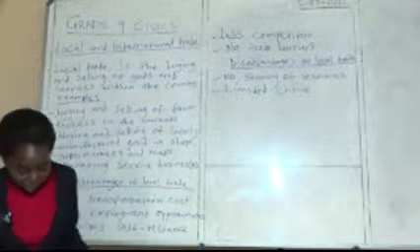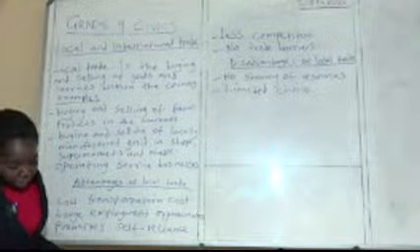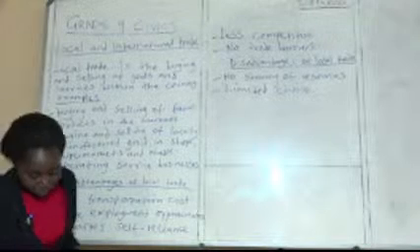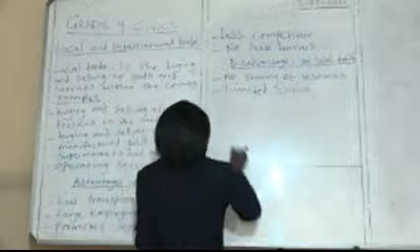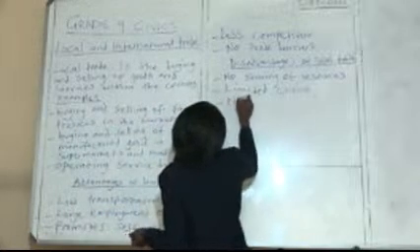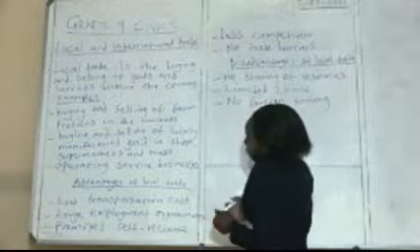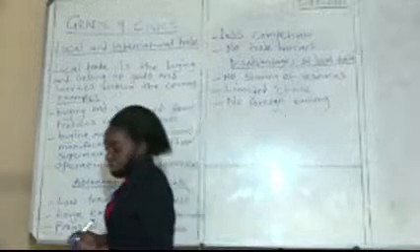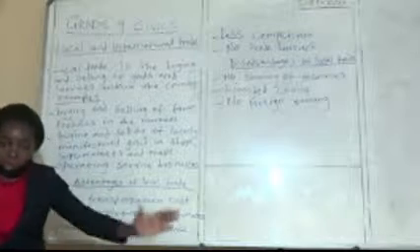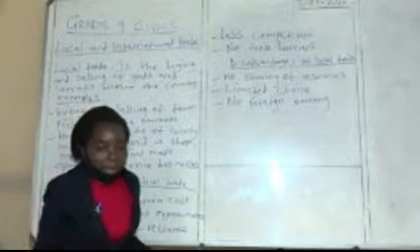It's a disadvantage. The third disadvantage, no foreign earning. For example, in Zambia, we export copper and we earn.